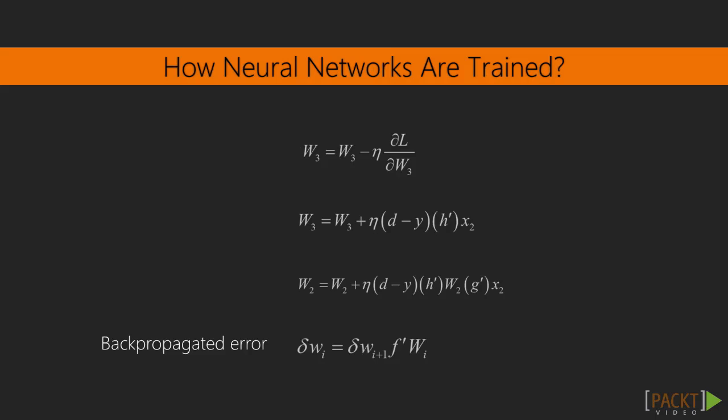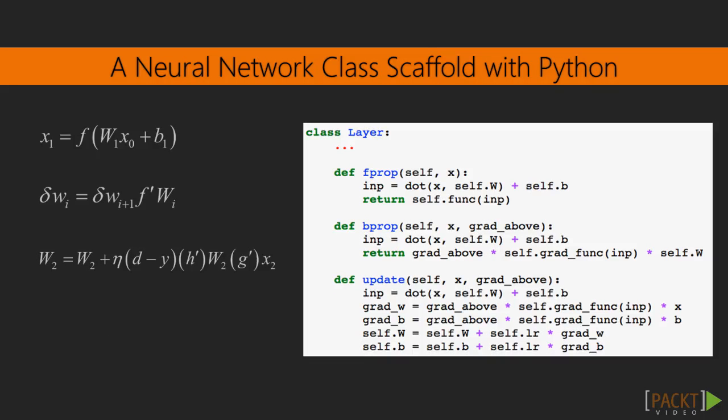Here's the equation. Now, let us check out a skeleton layer for a neural network class written in Python. There are 3 main methods to be defined. The forward propagation method basically computes the output of a given layer, which for our case, using the equations in the previous slide, is the inner product between weights plus an input bias followed by the nonlinearity.